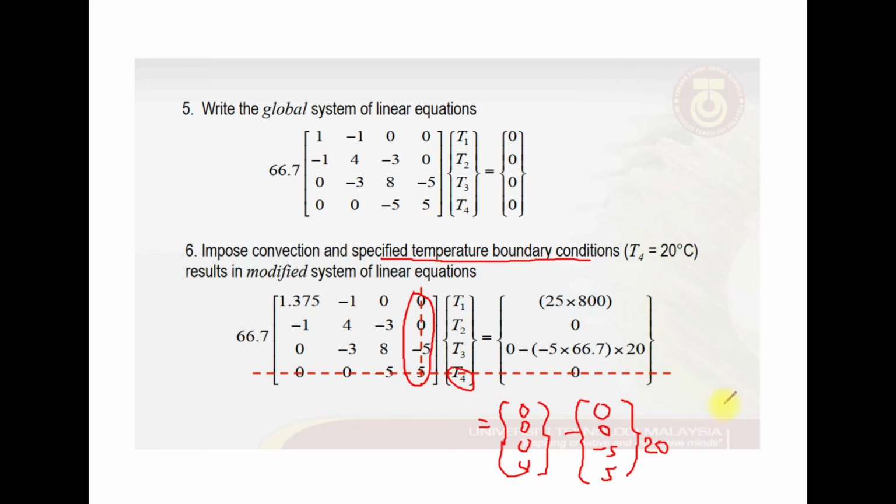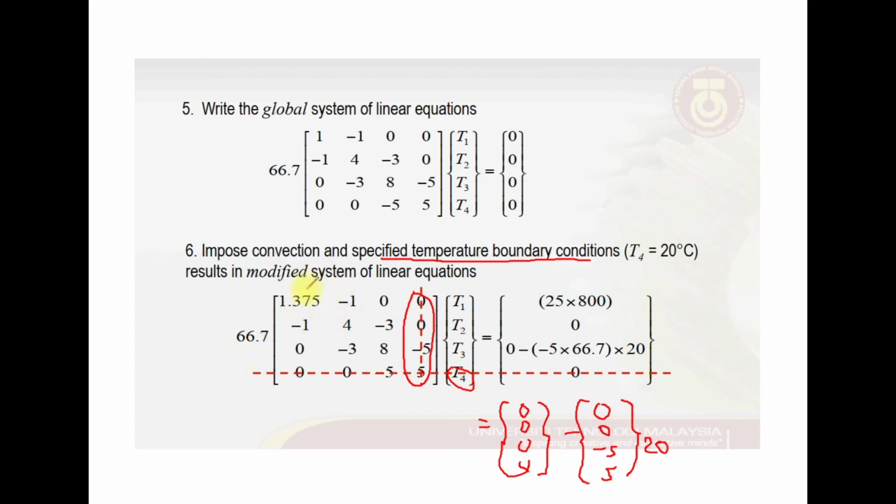Furthermore, we have another boundary condition, which is in the form of a convection process. This convection process occurs on the left hand side or left surface of our wall, which refers to the point temperature number 1.